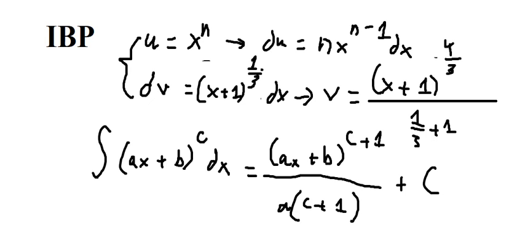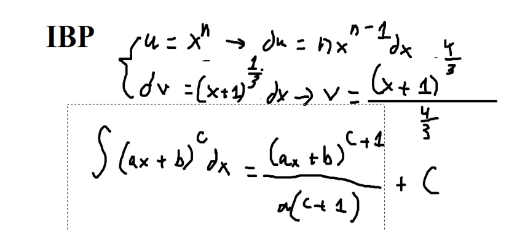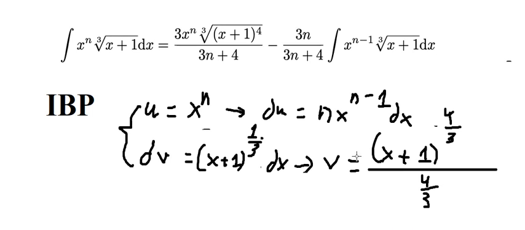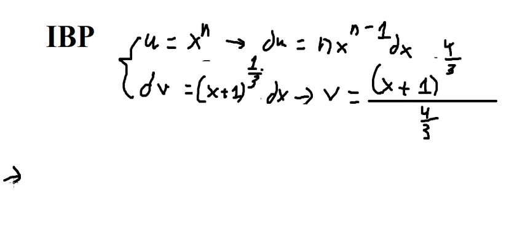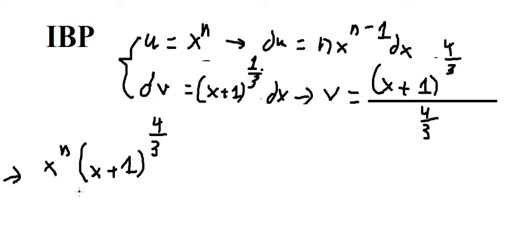And now we have the final answer in here. So we have u multiplied by v, so we have s to the power of n multiplied by s plus 1 to the power of 4 over 3, over 4 over 3.